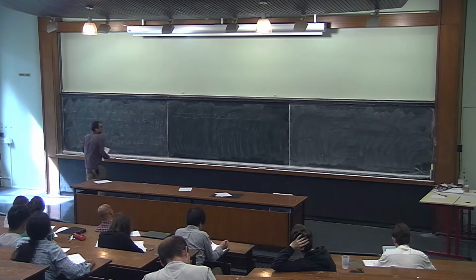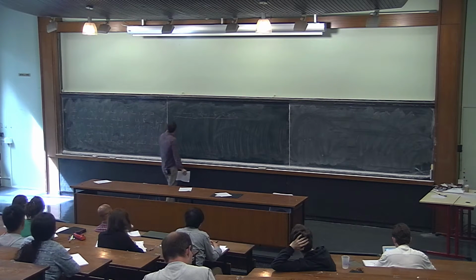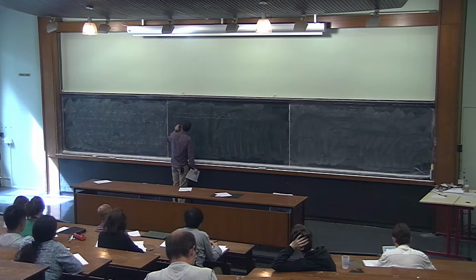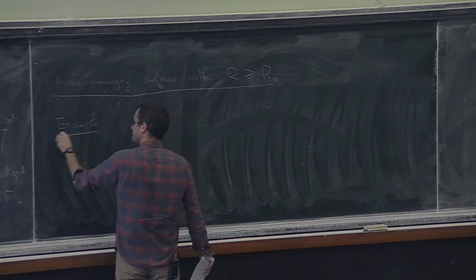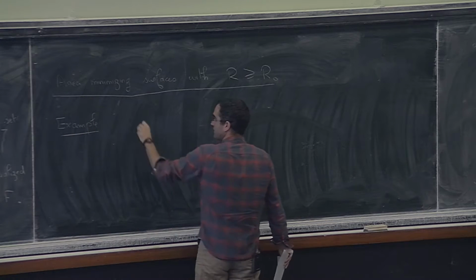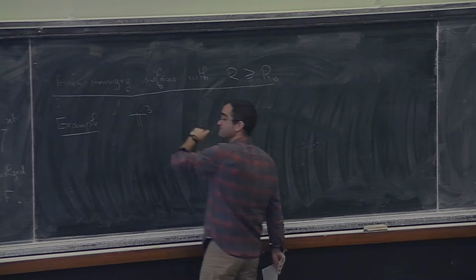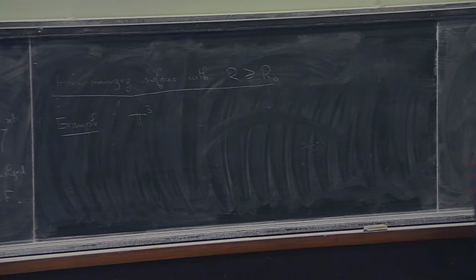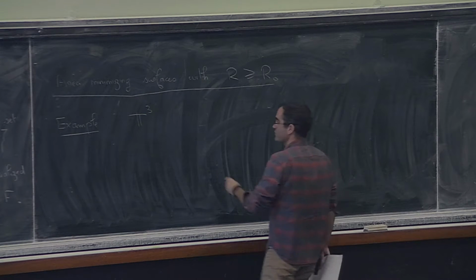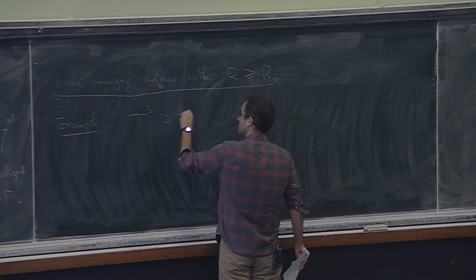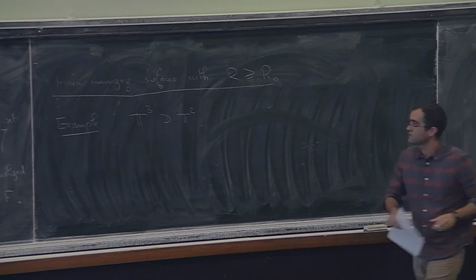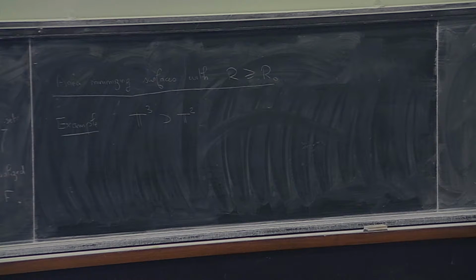So let me make an example to begin. You look at the three torus, T3. It's clear that inside this three torus you have a T2, a two torus.